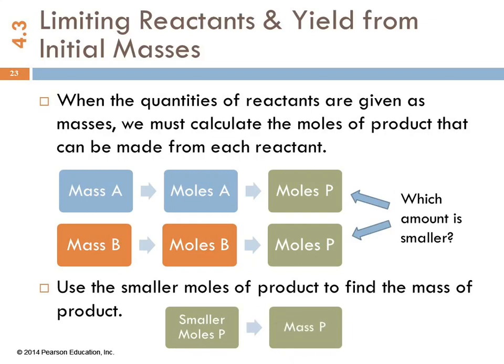I think it's more straightforward just to go to mass of product for both of them, and then see which is smaller, and you're done. It's not really any more work. In fact, it's less writing down of stuff. So that's what I'm going to show you.